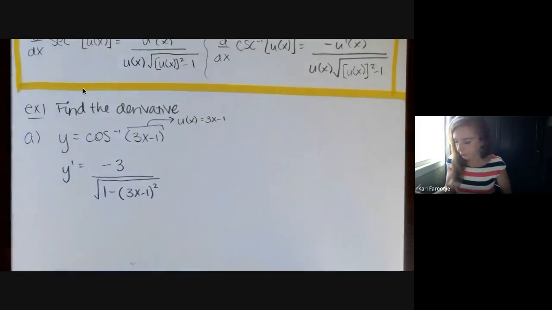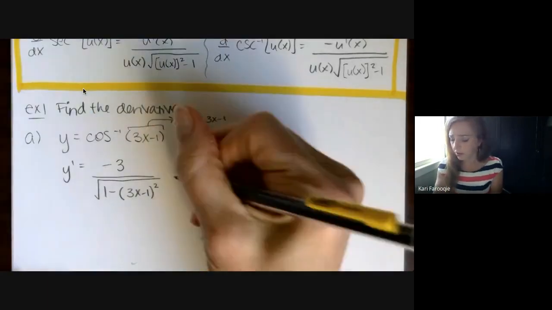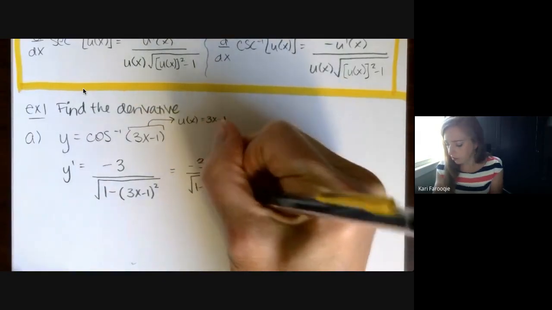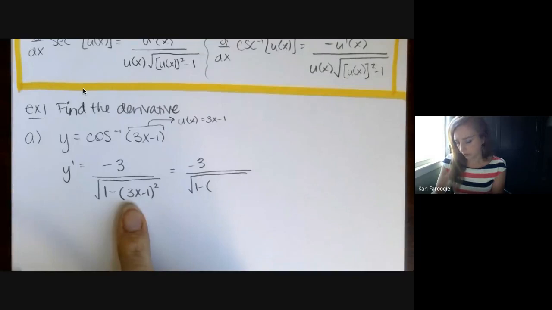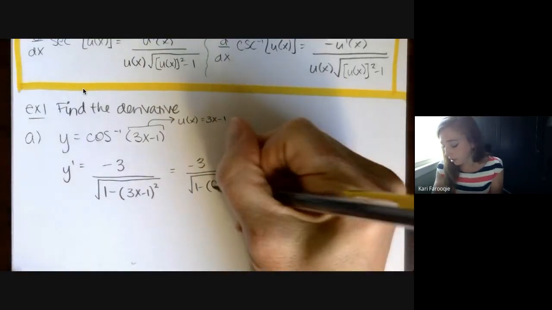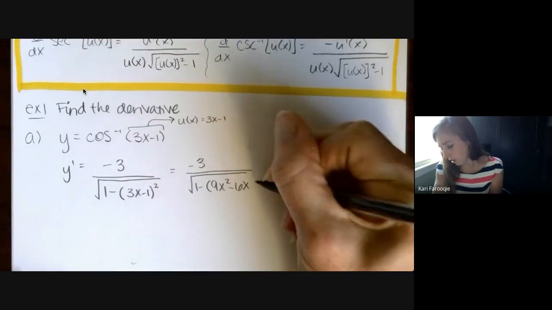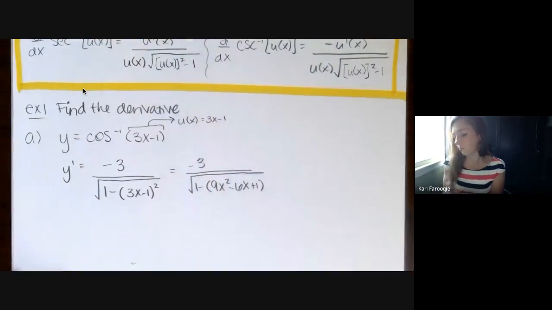When you take the derivative of an inverse trig function, there are no signs of trig at all in your result. So when we simplify this, we're not going to get too crazy, but I definitely want to square this binomial. So 3x minus 1 times itself is 9x squared, and then you have minus 3x is minus 6x plus 1.